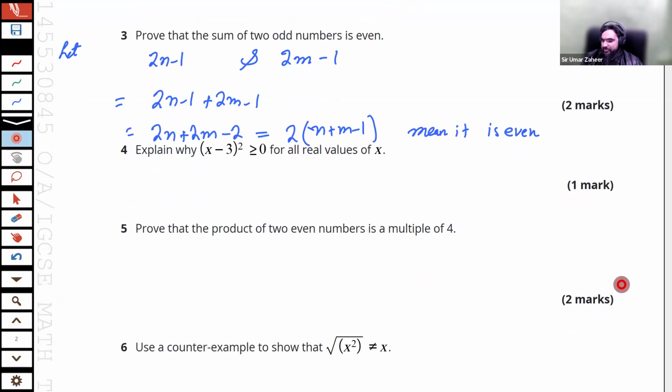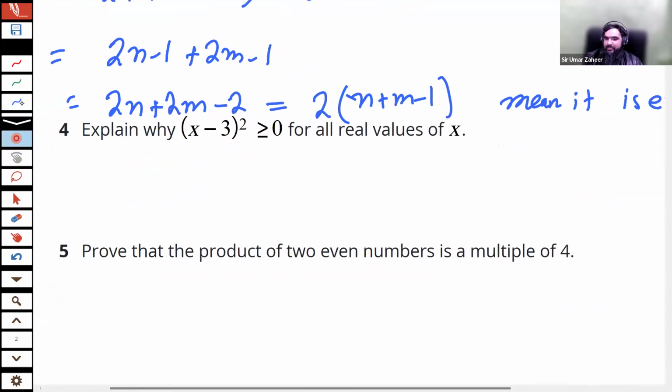Explain why x minus 3 whole square is greater than or equal to 0 for all real numbers. Okay, here we have to explain. We know that if you take the square of any real number, for example, if x minus 3 is a positive value, then a positive value multiplied by a positive value gives a positive answer.